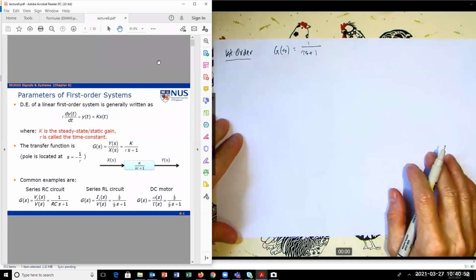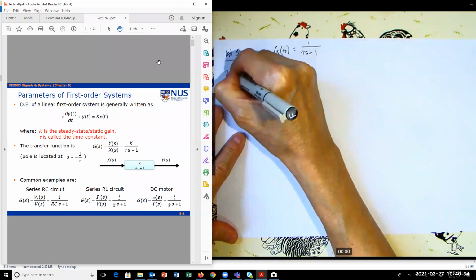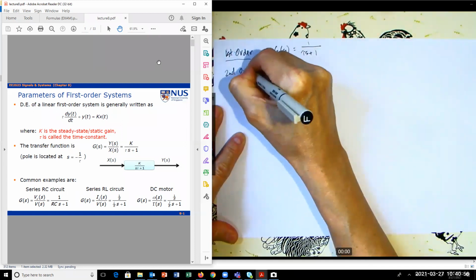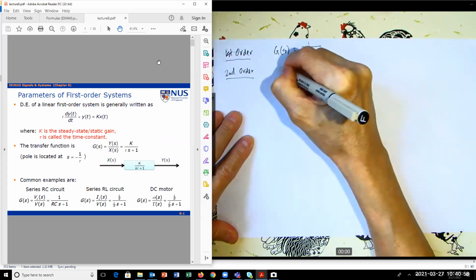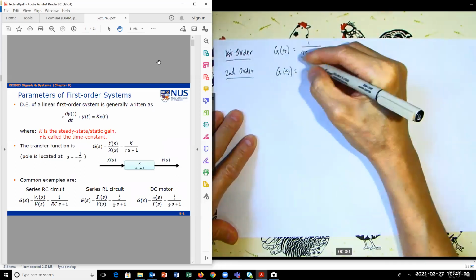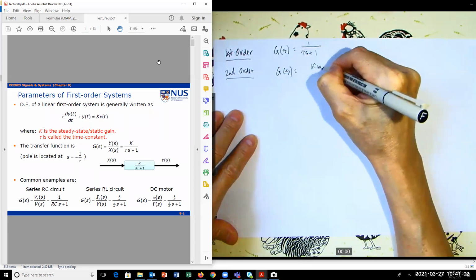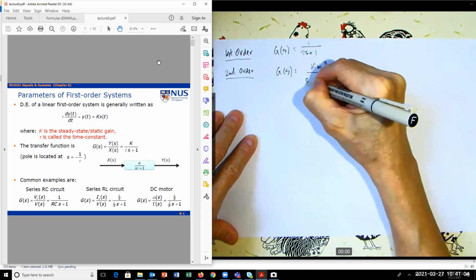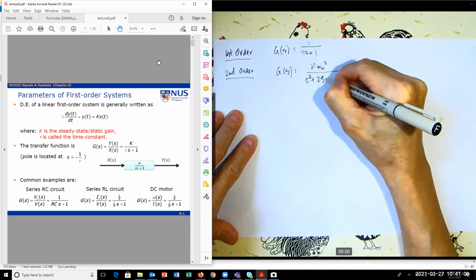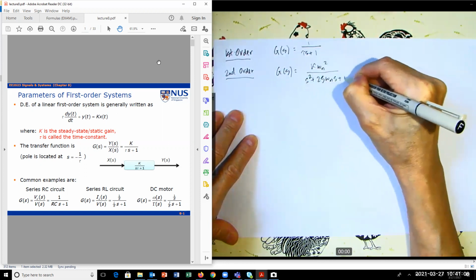And then for the second order system, we have the general form of K omega n squared over S squared plus 2 zeta omega n S plus omega n squared.